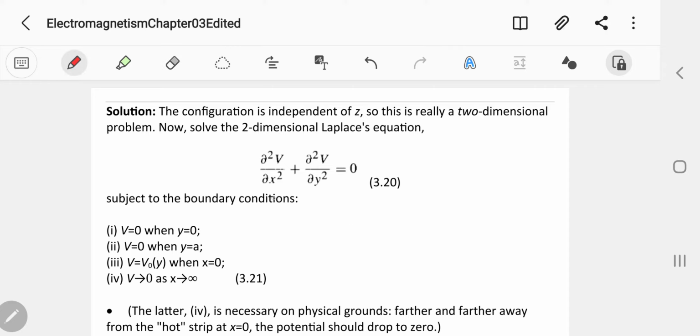Now, these are the boundary conditions. The potential at y equals 0 is 0. At y equal to a it is also 0. At x equal to 0, there's the potential of the sheet that holds the two planes, equal to V0 of y. And of course, V should go to 0 as x goes to infinity.